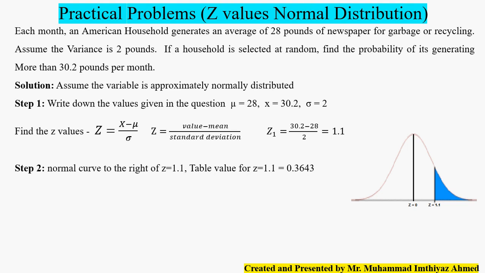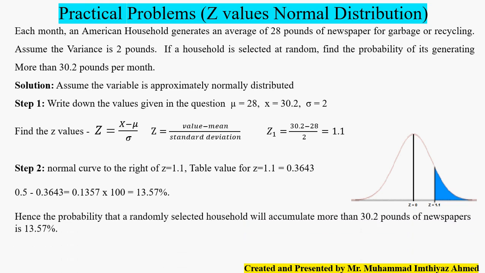So as usual, when it says normal curve to the right, you need to reduce 0.5 minus the calculated Z value, that is 0.3643. So when you multiply into 100, we will get a result 13.57%. Hence, the probability that a randomly selected household will accumulate more than 30.2 pounds of newspapers is 13.57%.